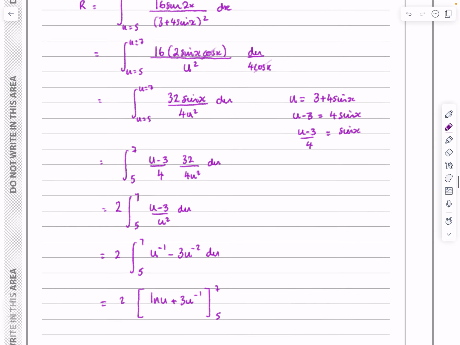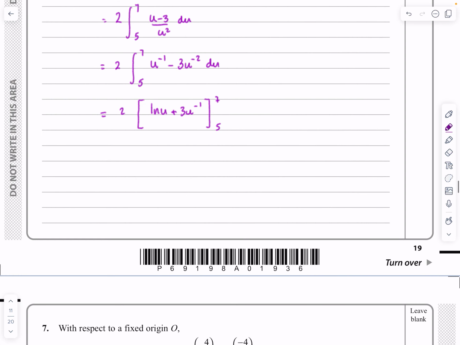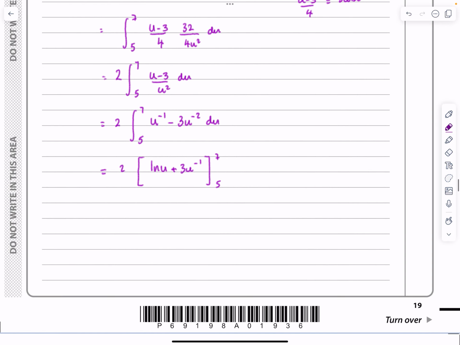Now if we go back, I haven't mentioned this yet, but they will do this quite often. That's a bit nasty, the fact that they've told me to write it in a particular format. So what I do need to be careful of as I'm going through here is I'm just going to put 7 and 5 in. So I'm going to get 2, and then I'm going to get log 7 plus 3 over 7, minus log 5 plus 3 over 5 here.